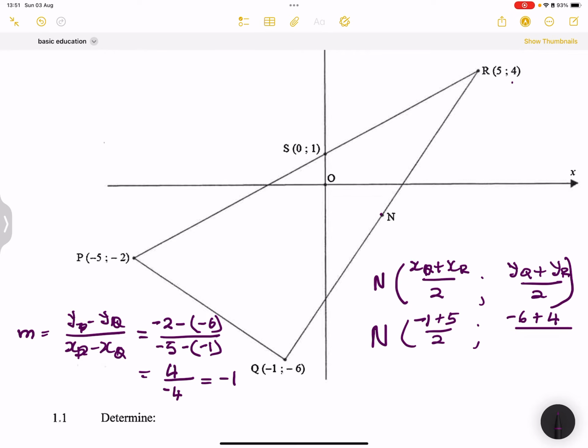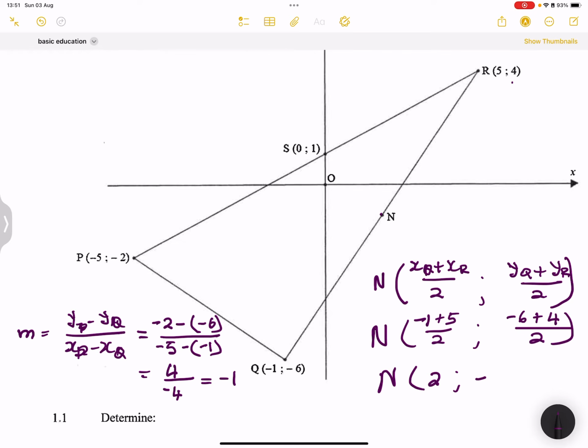Negative 1 plus 5 gives us 4. 4 over 2 gives us 2. It does look like our x is on the positive values, so it should be a positive coordinate. For y, we've got negative 6 plus 4, which would give us negative 2, divided by 2, that should give us negative 1.